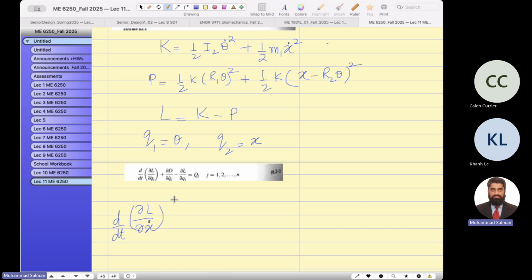Agreed. So for right now, this is q2, which equals x, and q2 dot. So can we do the math here? Let's do this. This term is k, and this goes to 0.